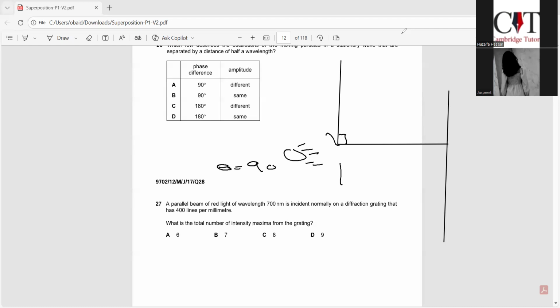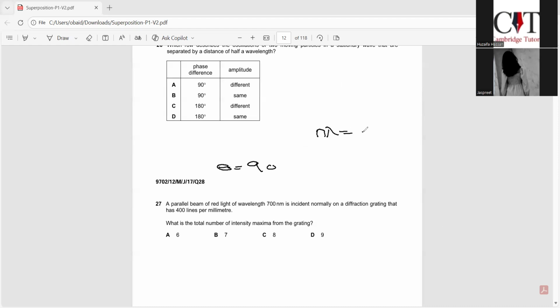Yes. So the angle would be 90, and then the formula is n lambda equals d sine theta. We have to find n, so it would be d sine theta upon lambda. We have the wavelength, we have the angle. What don't we have? We don't have d.